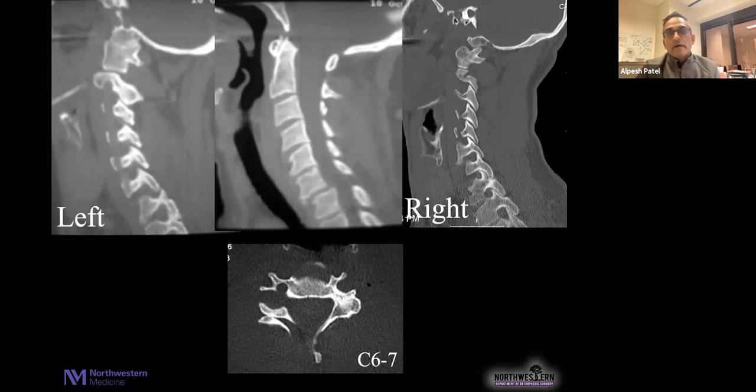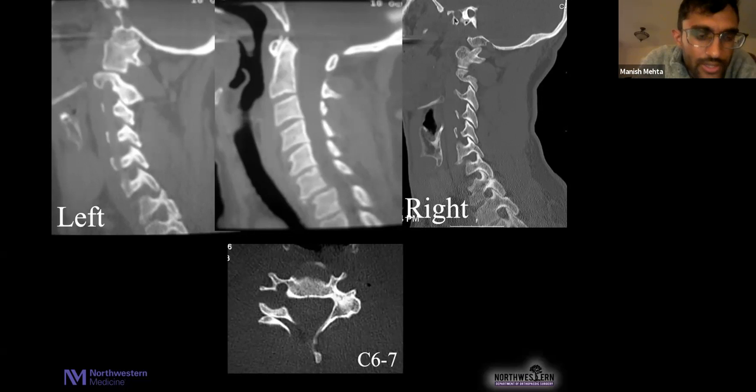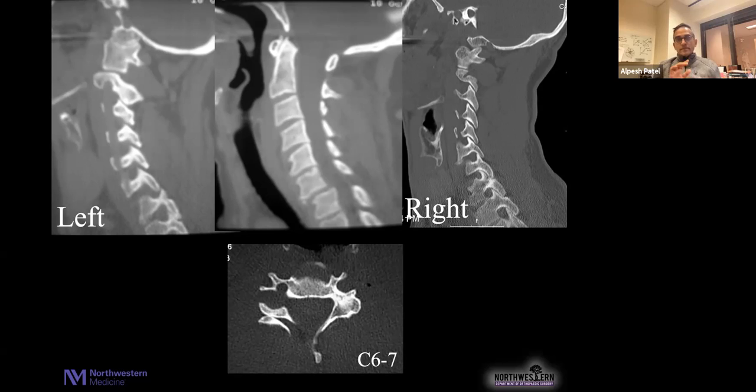What do you see in terms of abnormalities? So it looks like here you can see some 6-on-7 spondylolisthesis.